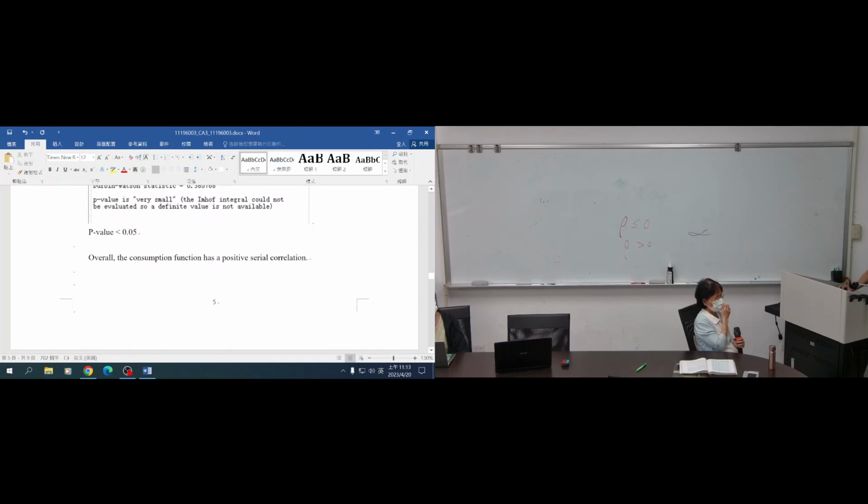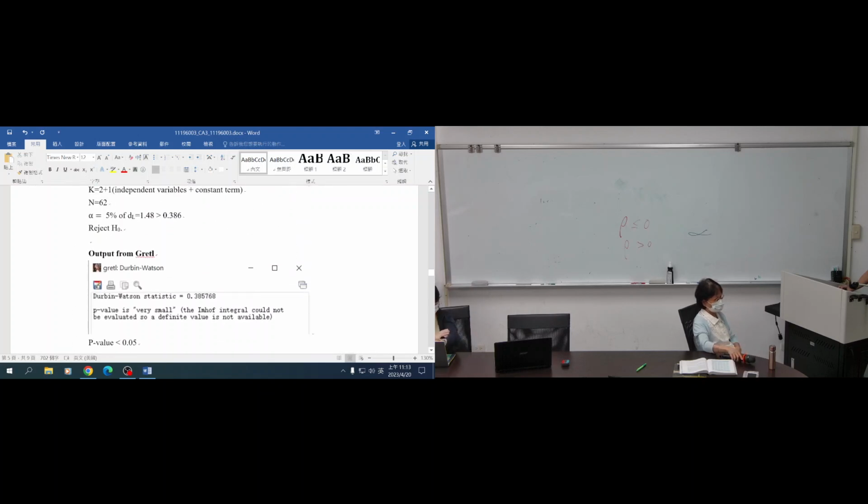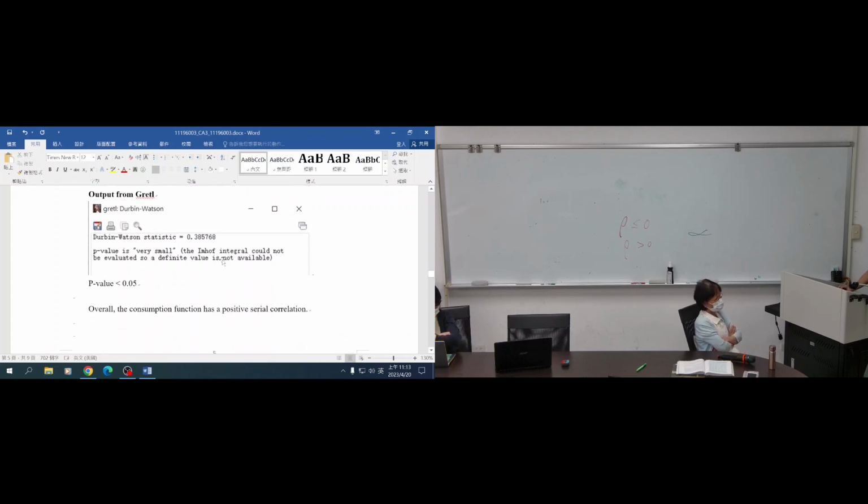So overall, the consumption function has a positive. Well, it's not positive here, just that there's a serial correlation. But from the graph, we can tell it's positive. From Durbin-Watson it is positive, right?